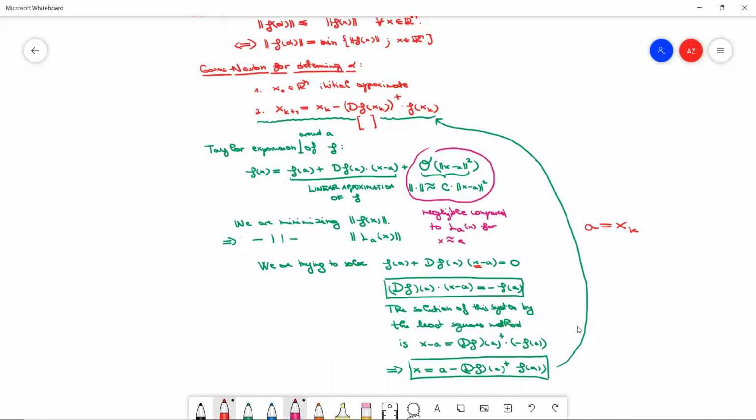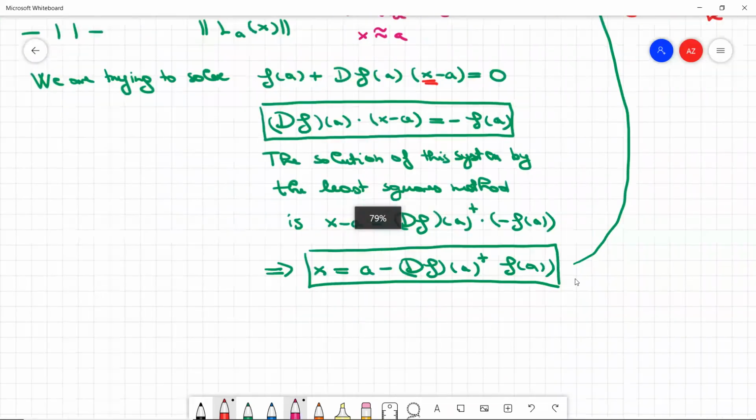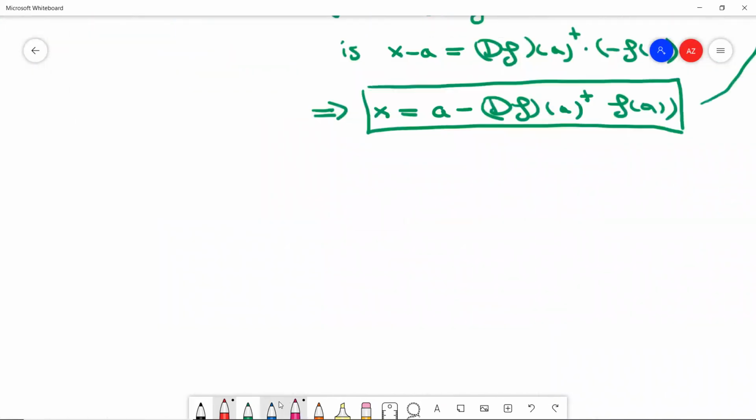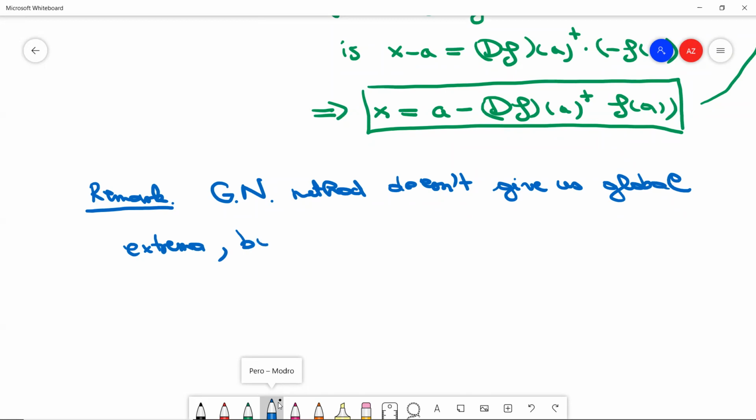And there is another remark, which we will also see in the example with MATLAB. So I will write this remark. The Gauss-Newton method doesn't give us global extrema, but local ones.